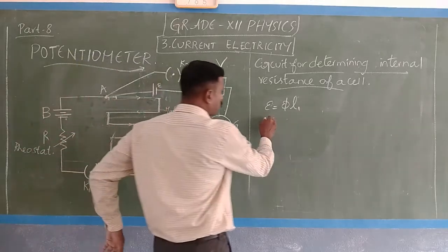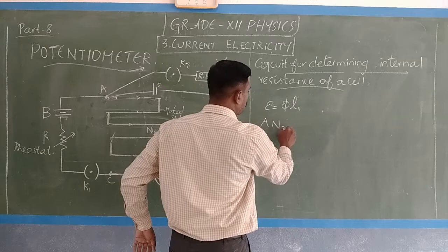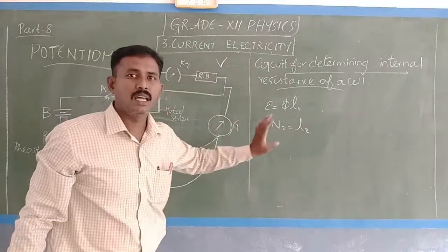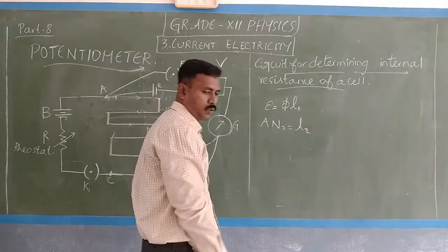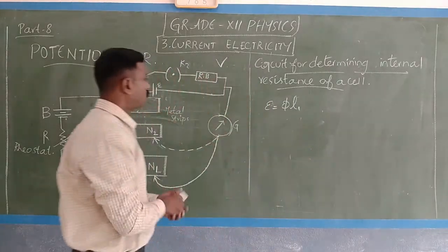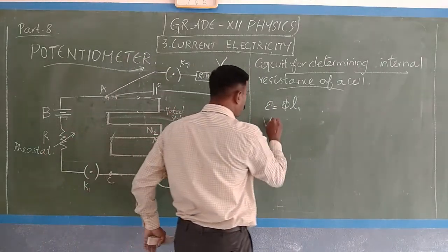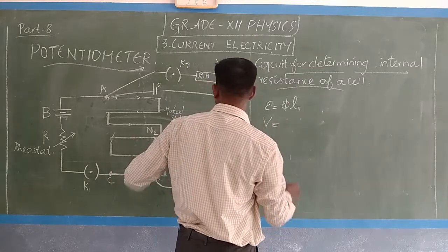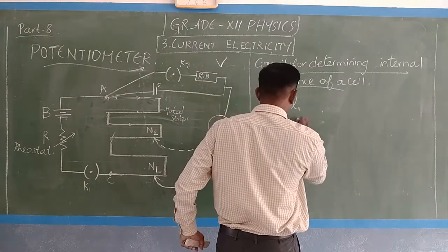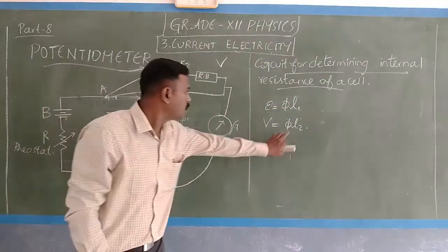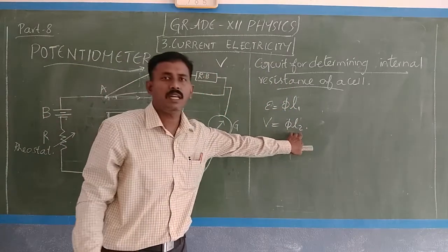Now we have to consider the length A to N2, that is L2. The length from A to N2 is L2. So the voltage V is equal to 5 L2, the uniform potential gradient times the length L2.